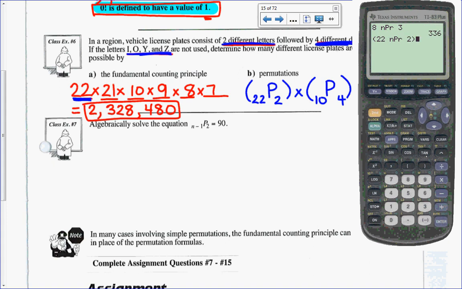Bracket times bracket. 10 permutations of 4 objects equals 2,328,480, which is the exact same thing we got here. Okay.